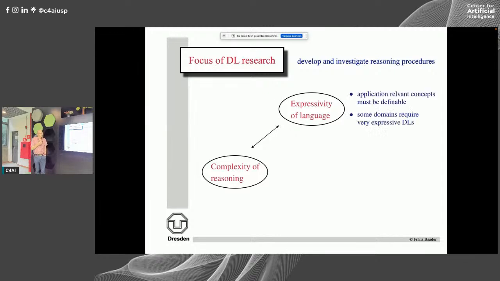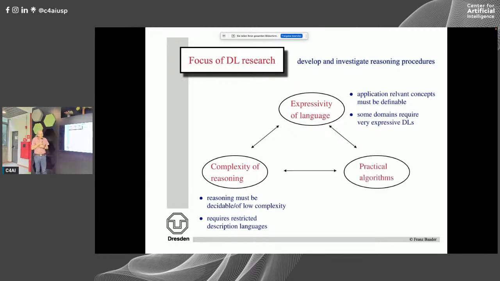On the one hand, the application relevant concepts must be definable, otherwise you cannot use this description logic. And some domains really require very expressive description logics. On the other hand, of course, reasoning must at least be decidable and preferably of a low complexity. And this again requires you to restrict the language. So you would want to not use a monster description logic if you don't really need it, because the monster description logic would have slow reasoning procedures.